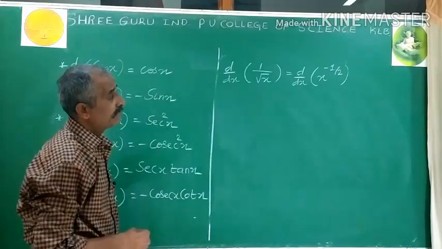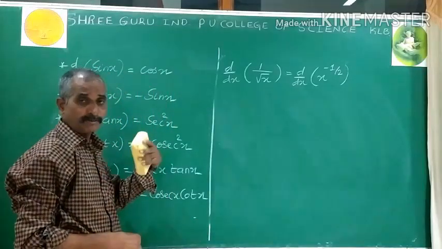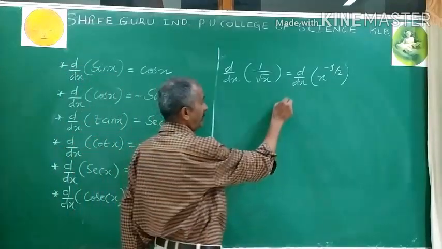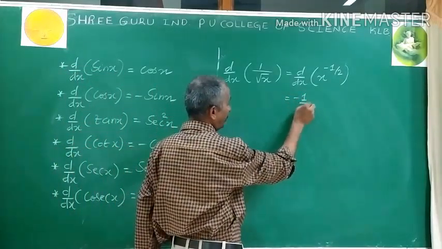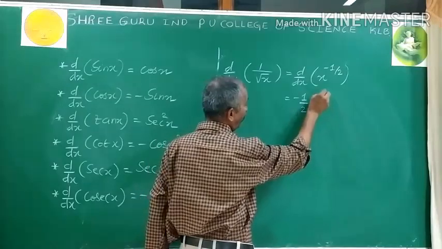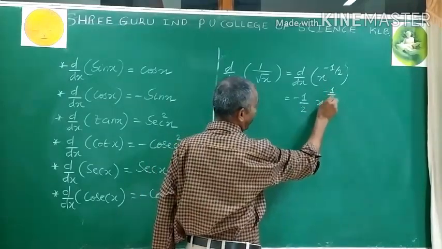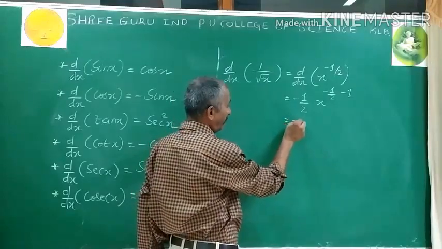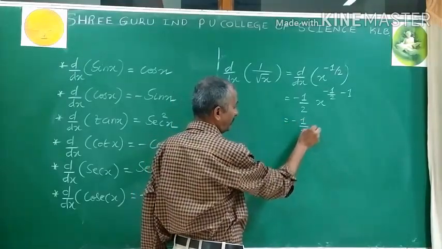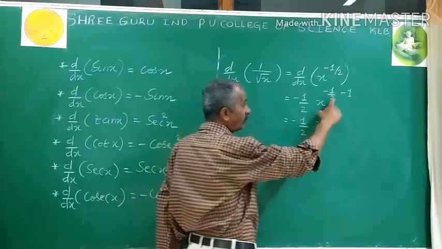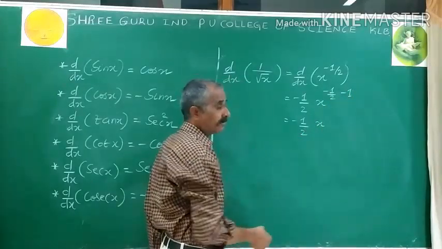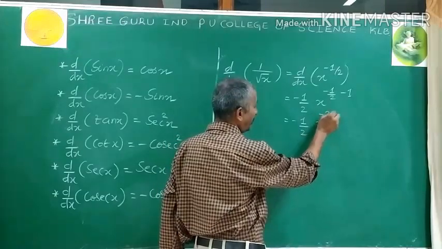So let's apply the formula. Differentiation of x to the power of n is n x to the power of n minus 1, meaning minus half into x to the power of minus half minus 1. That equals minus half into x to the power of, here LCM 2, 2 into 1, 2, minus 1, minus 2, total becomes minus 3 by 2.